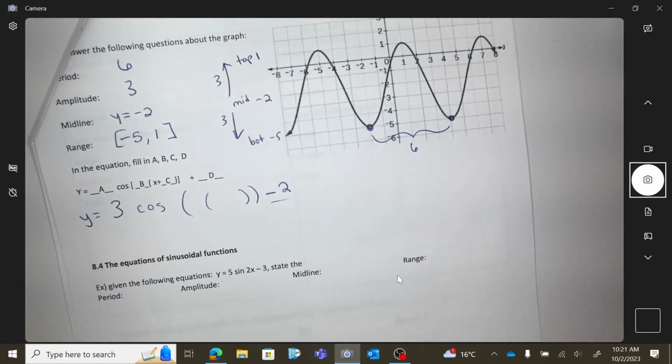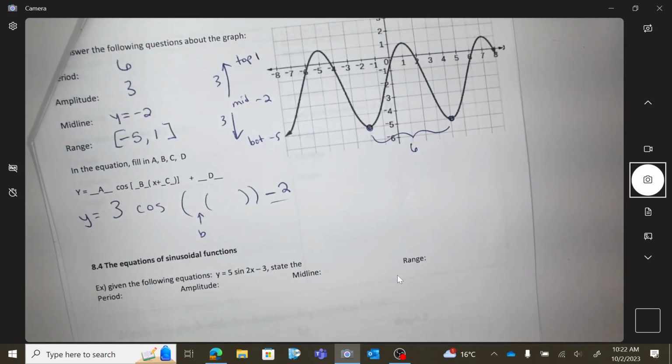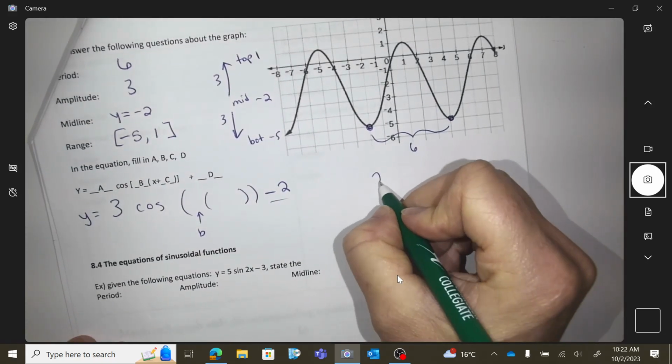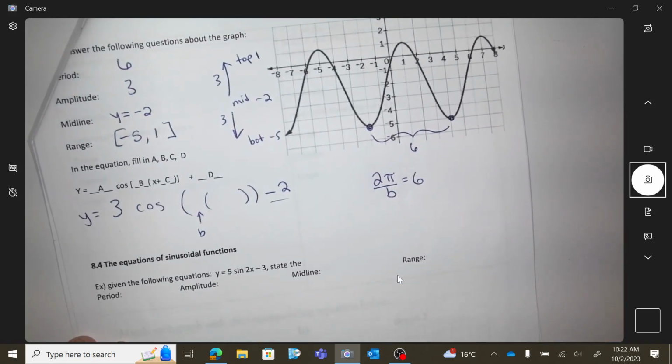Subtract 2, because we shifted it down 2 with the middle. Okay, the b. We have to do a little formula for the b. So 2 pi over b got me to 6, the period. 2 pi over b equals period.